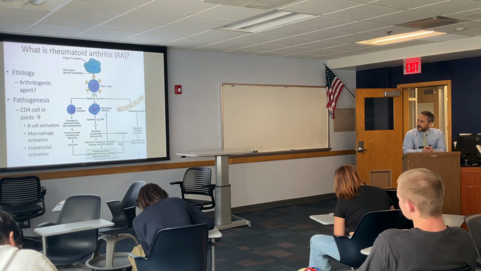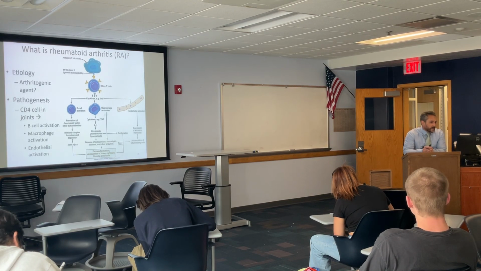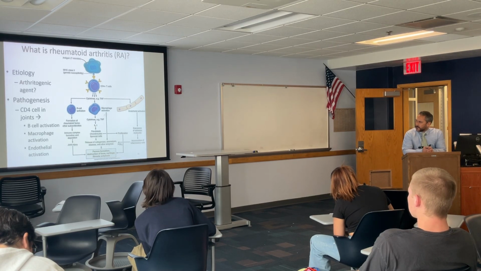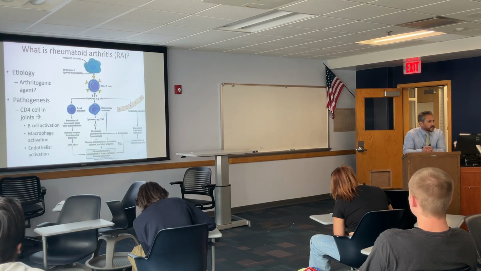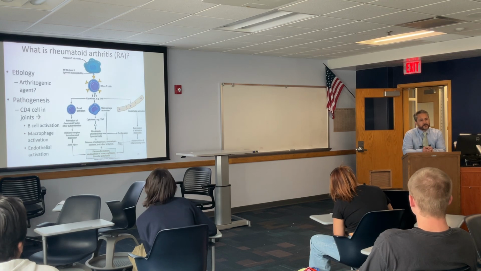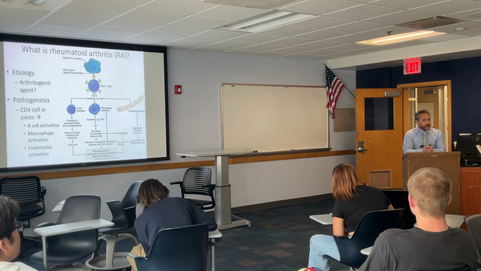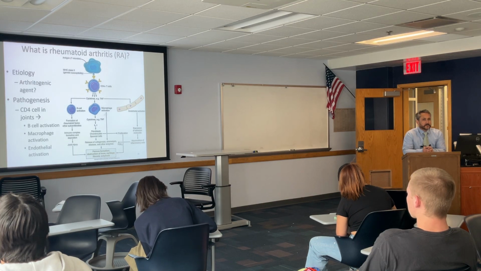You develop autoantibodies against your collagen 2. You have some involvement at some level with helper T cells, but most of this is an antibody-mediated reaction. So hypersensitivity, which class is this one, most commonly presented?